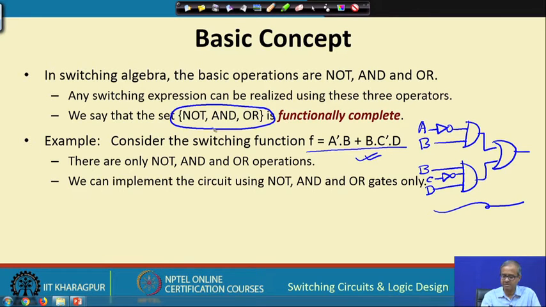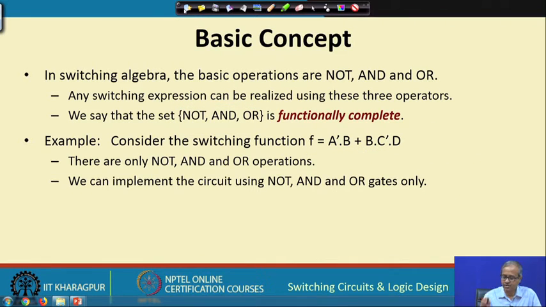Such a set using which I can realize or implement any function is said to be functionally complete, right. So, with this notion, let us look at what other gates or sets of gates possess this property. But one thing we shall be assuming is that AND, OR, NOT is our basic set.